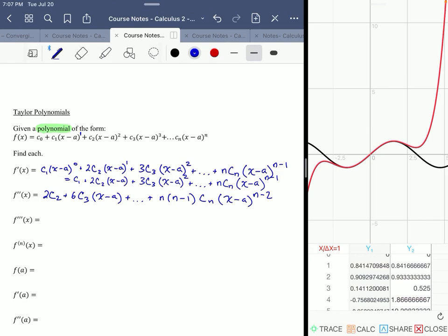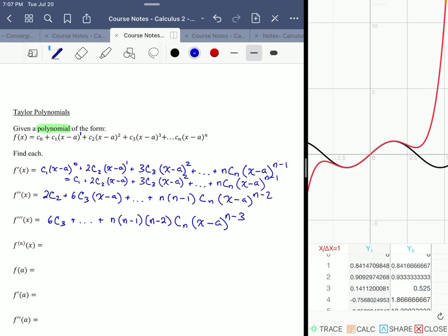The third derivative, constant goes to 0, so we'll have 6c sub 3 times x minus a to the 0th power. Then you'd have more and more terms along the way, plus a bunch of other terms, plus n times n minus 1 times n minus 2 c sub n times x minus a to the n minus 3 power.